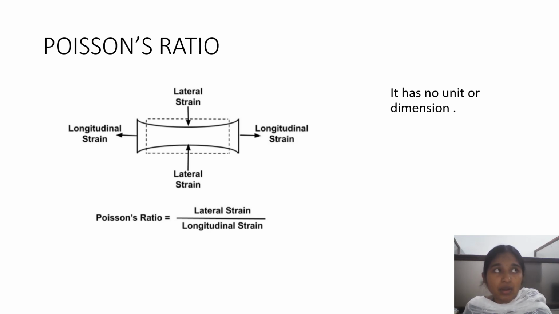So as the lateral strain is increased, the longitudinal strain should obviously decrease, because if you are considering a particular wire or a thin rod, then as it elongates, it should reduce its width, or else the other case is not possible.